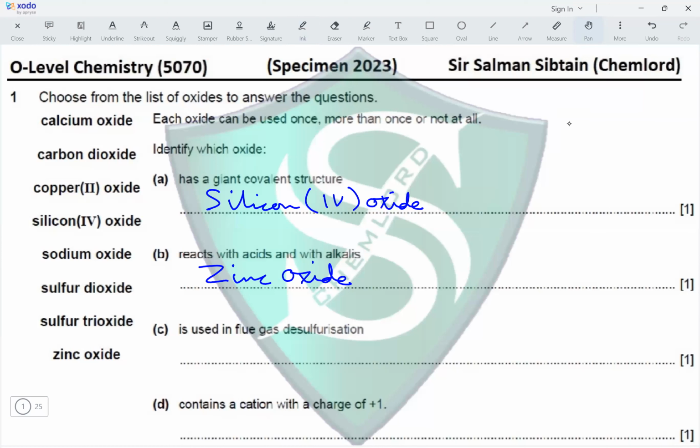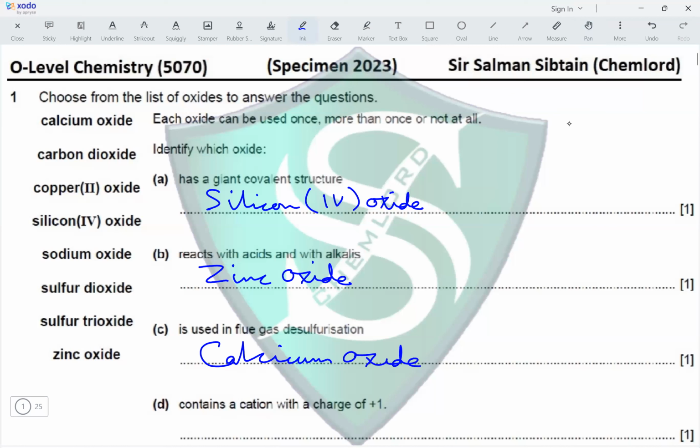When it reacts with calcium oxide, it forms calcium sulfite, CaSO3. And if it reacts with calcium carbonate, it again forms calcium sulfite and releases carbon dioxide. So the answer is either calcium oxide or calcium carbonate. In this list, the first compound given is calcium oxide. So that is our answer to part C, calcium oxide.